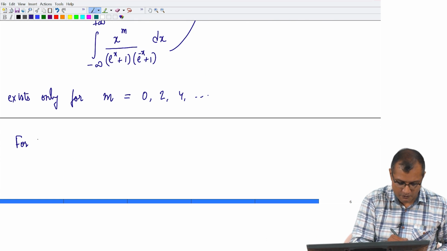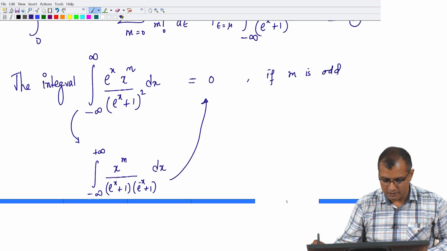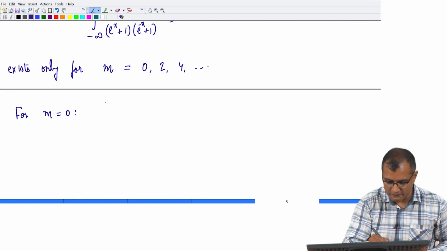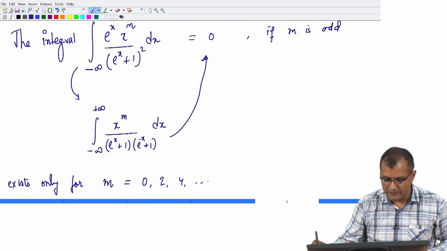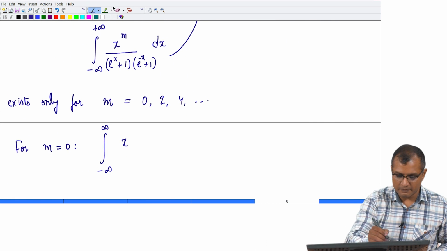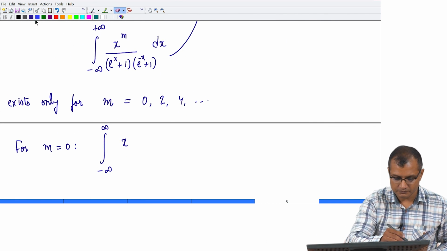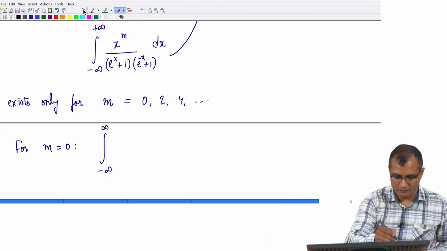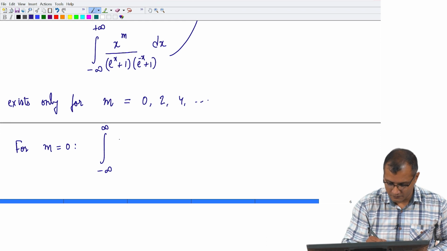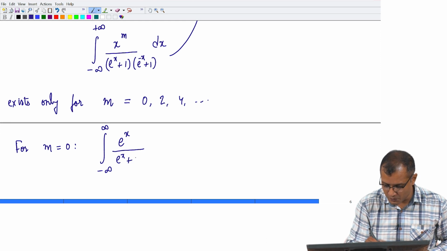Okay. So, for m equal to 0, my integral will simply become minus infinity to plus infinity e raised to x over e raised to x plus 1 the whole square dx.